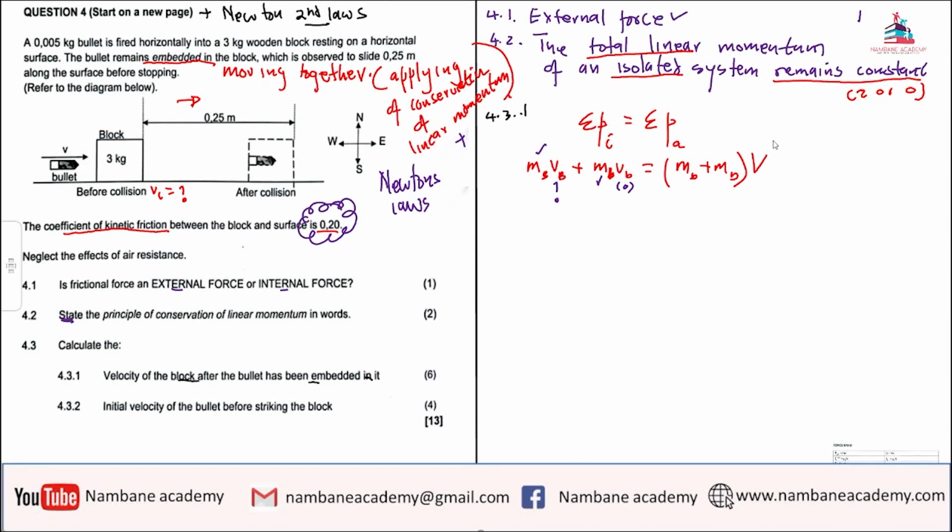But what is the question now? I do not have this velocity also. I have now the mass thereof. Ladies and gentlemen, I have already two unknowns in this formula. Two unknown variables. What must happen now? It means it must be a multi-step, ladies and gentlemen.